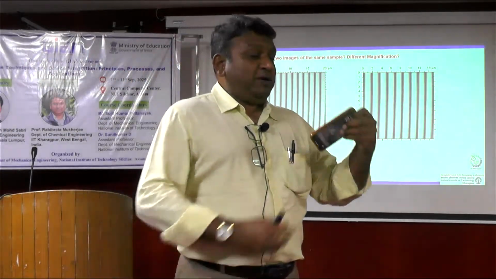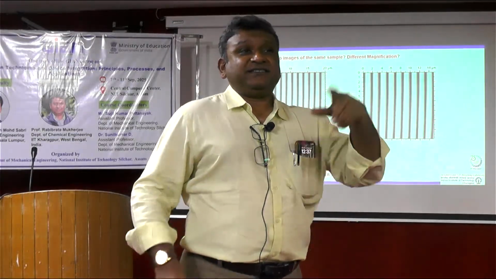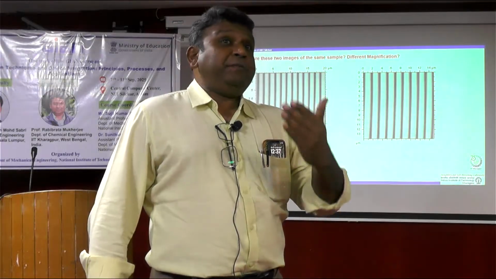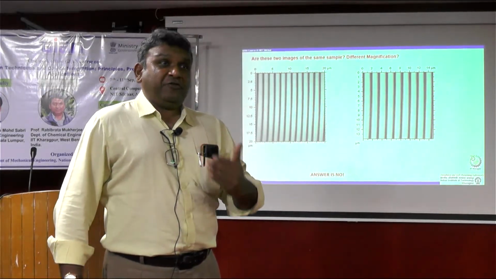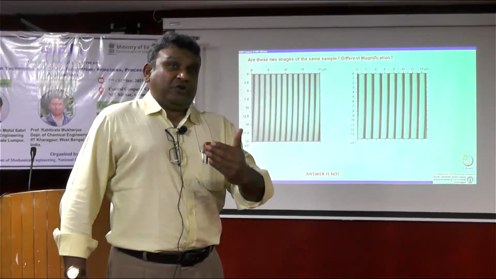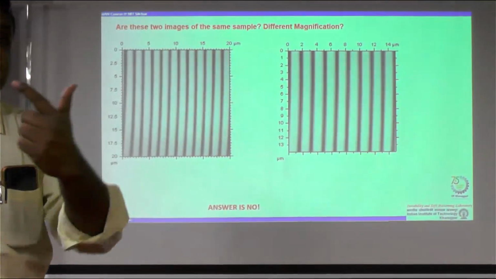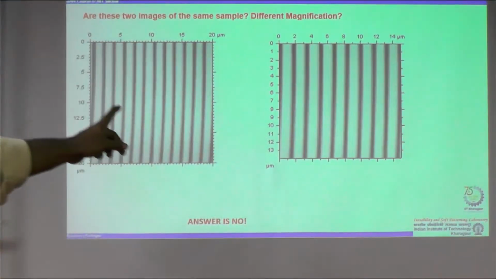See, if I take out my cell phone and take a picture of all of you, I will be able to visualize that you are sitting closer and you are sitting at a far distance. But don't forget, a picture is always a 2D projection of a 3D space. And therefore, everything comes at a cost. So since it's a projection, information about the third dimension is missing. And that is precisely what is happening in both of these microscope images.